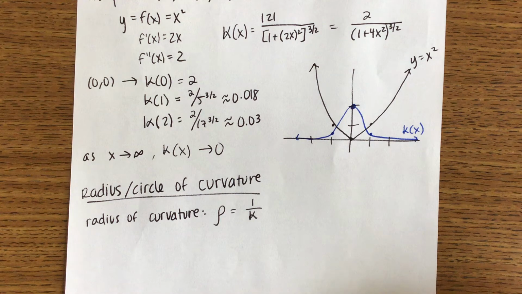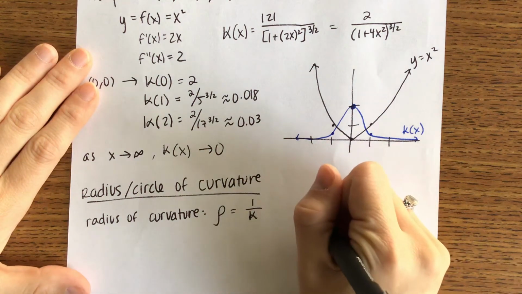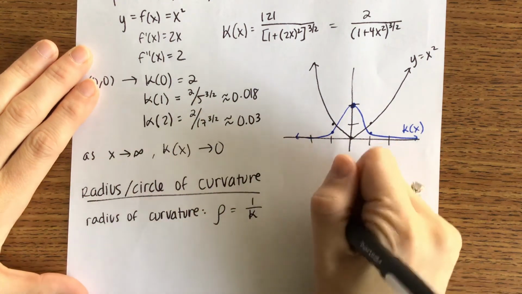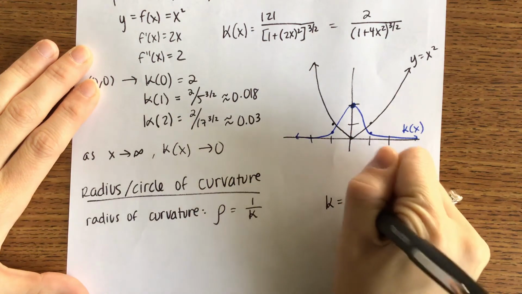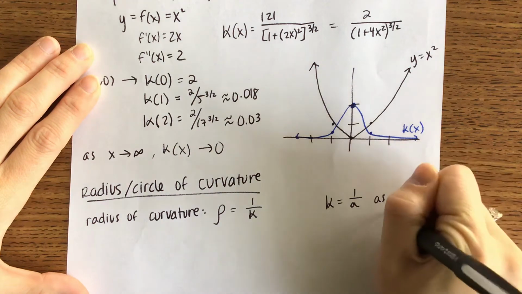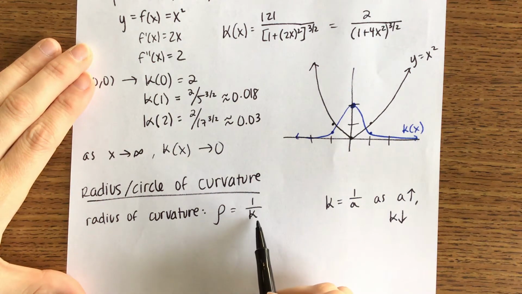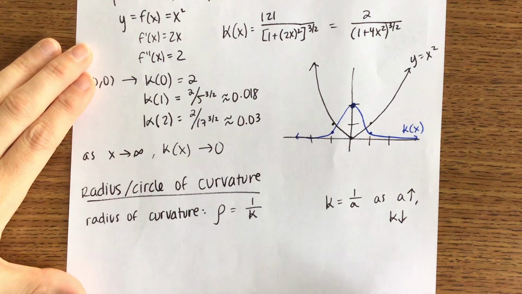Yesterday, with the example of a circle, the radius was a, and we got a curvature of 1 over a. That's where this comes from. So yesterday we said the curvature of a circle is 1 over a, and we talked about as a increases, the curvature goes down. Same thing here, as the curvature increases, the radius gets smaller.